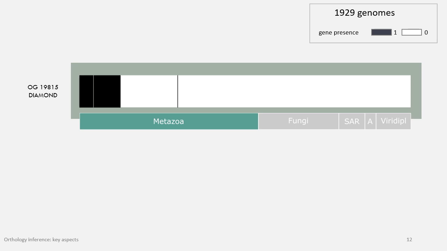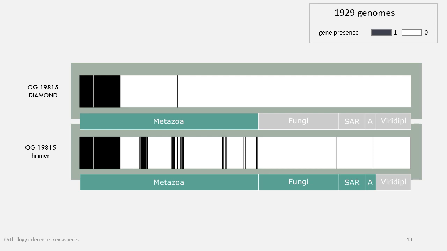This image shows the result of a BLAST diamond homology search with a human query gene in more than 1900 eukaryotic species. Significant sequences, shown in black, are found in only one group of metazoans. In the image below, the same search was conducted using Markovian models.